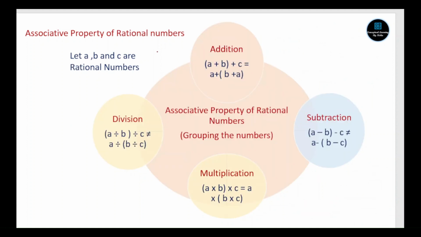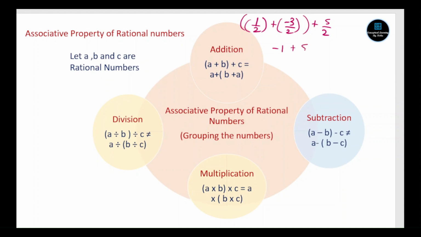Alright. Now, associative property of rational numbers. Let's understand. I have 1 half plus negative 3 and a half, and then I add that answer to 5 and a half. So this is negative 2 over 2, which is negative 1, plus 5 over 2.